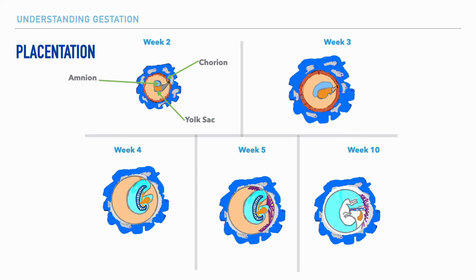And within this 3rd week, we also begin to see development of the allantois, which is the 4th extra-embryonic membrane. And what's unique about this structure is that it begins to give rise to the development of the urinary bladder.